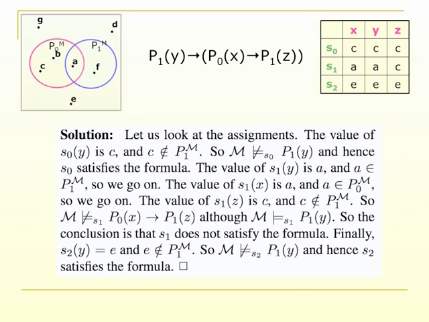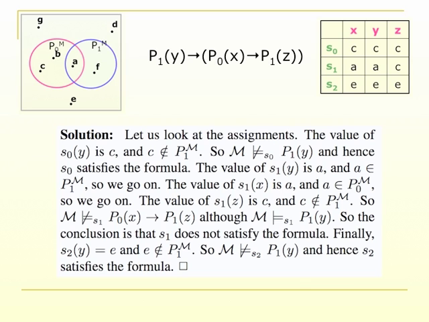So in this implication, again, the hypothesis P0x is satisfied by S1. And to conclude whether the implication is true or not, we have to look at the conclusion P1z. Okay, the value of S1z is c, and c is not in P1m, so the final conclusion is false.